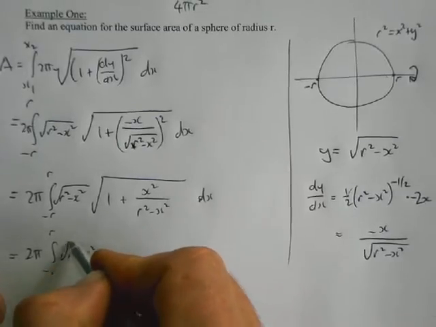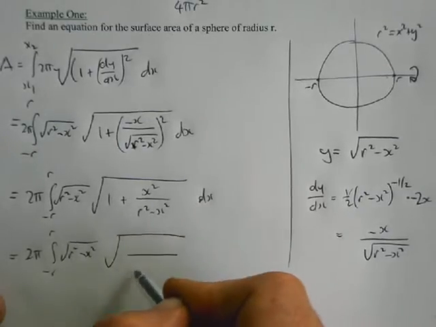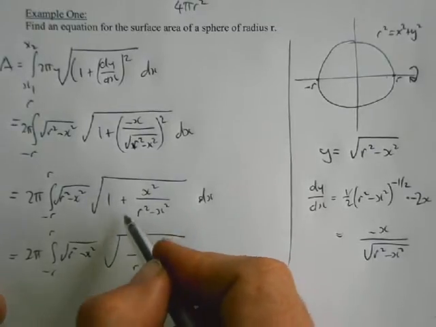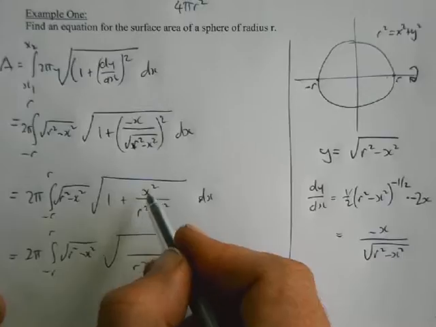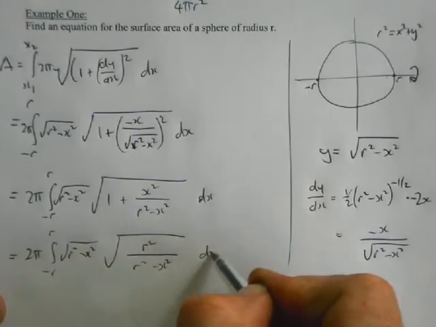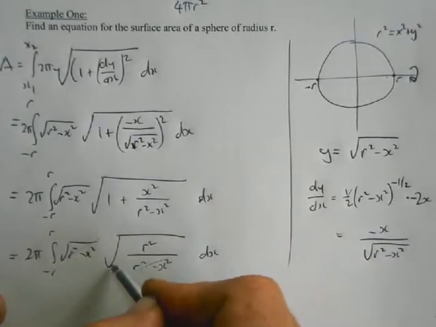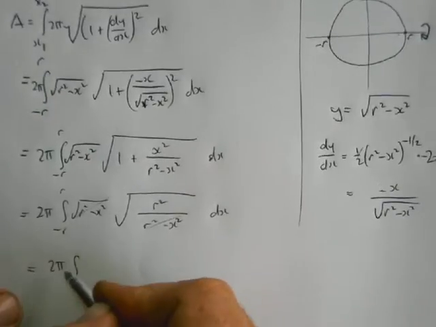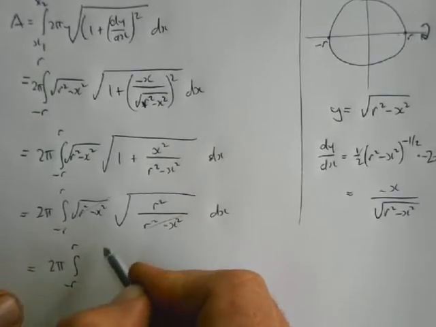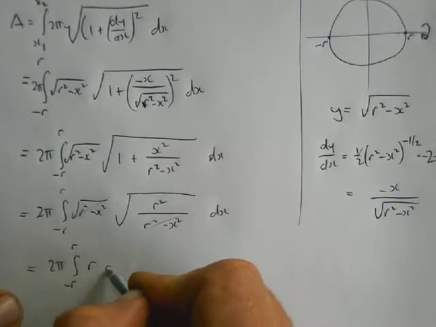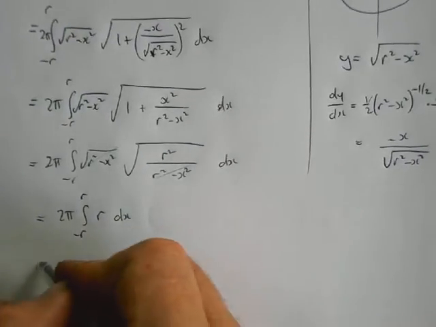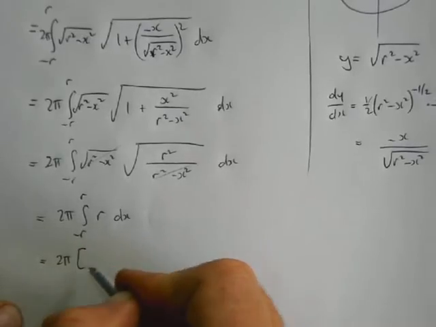So I've got 2 pi, integral from negative r to r, square root of r squared minus x squared, and in here I'm going to have r squared minus x squared. On the top I'm going to have r squared minus x squared plus x squared, which is just r squared. Those guys cancel out because it's under the square root. The square root of r squared is just r, so the whole thing is just 2 pi times the integral from negative r to r of r dx, which is pretty straightforward.